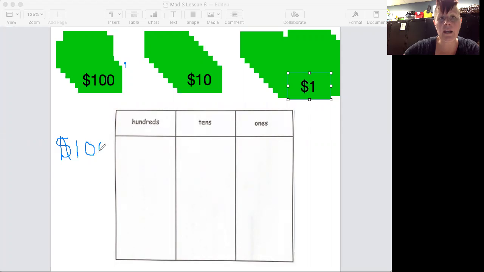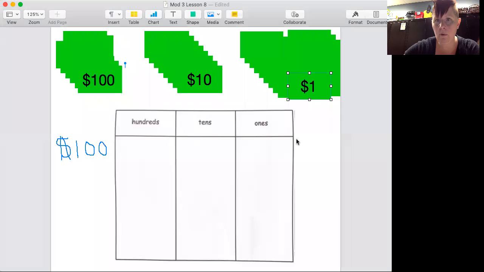Now, I want you to count to 100 by ones, okay? So this is how that would look if I were to count by ones. I would start with putting the ones into my ones place.